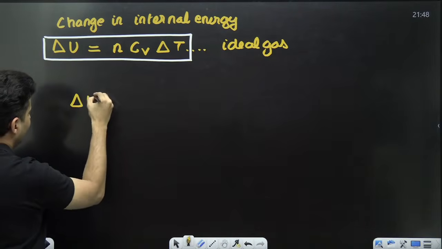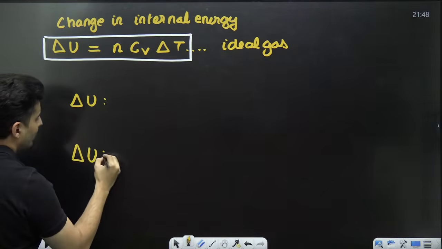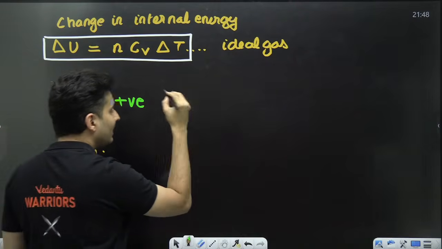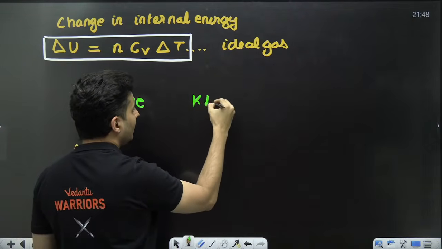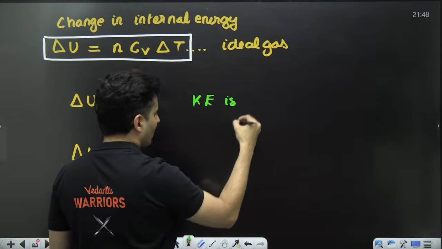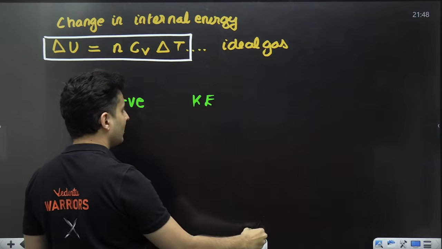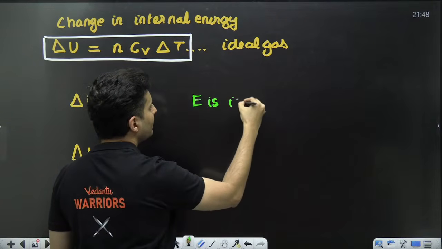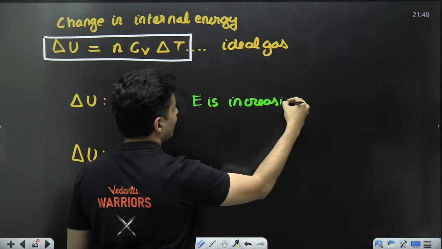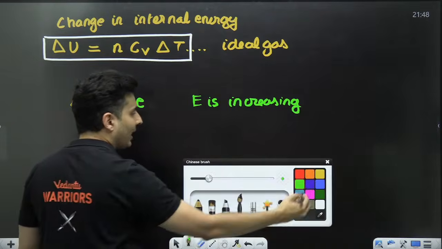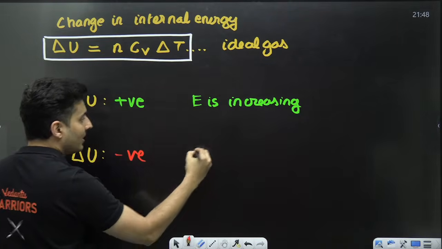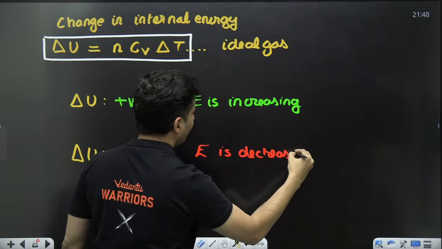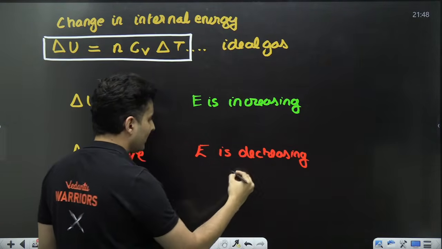If delta U is positive or negative, what does it mean? If delta U is positive, that means the energy is increasing. Whereas if it is negative, then the energy of the system is decreasing.